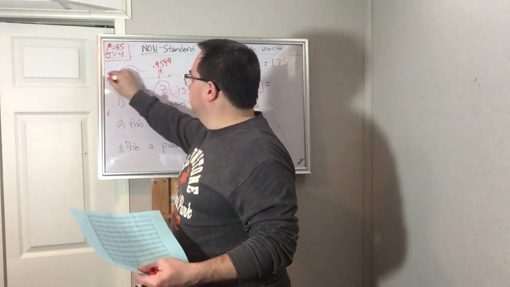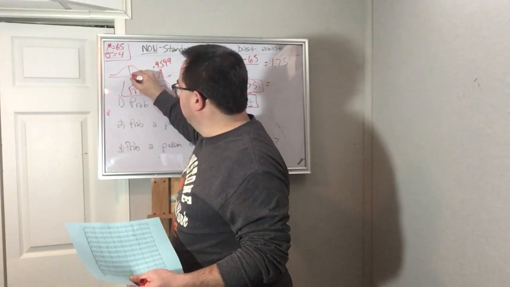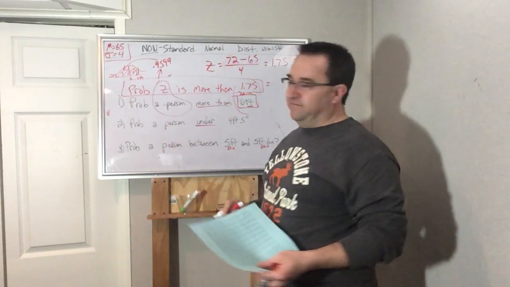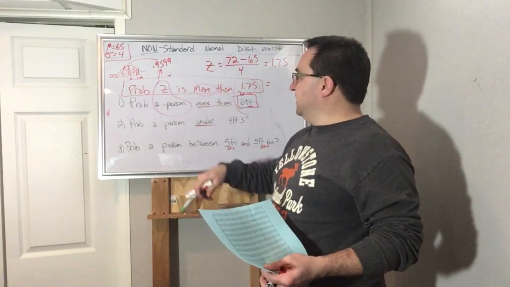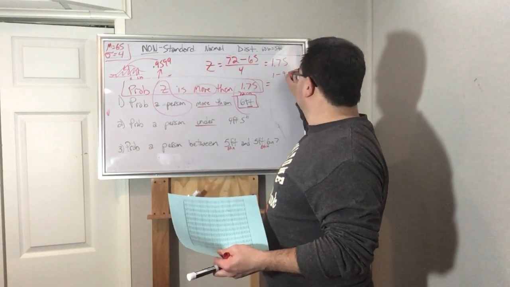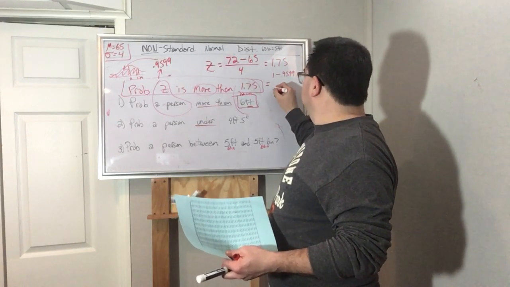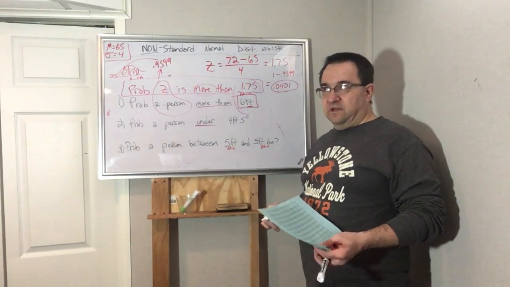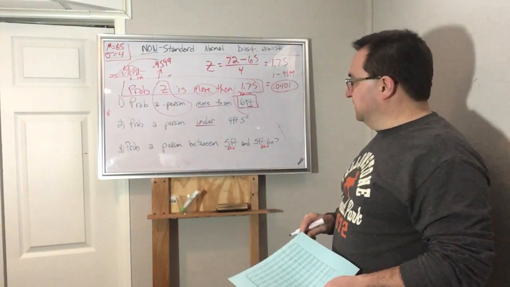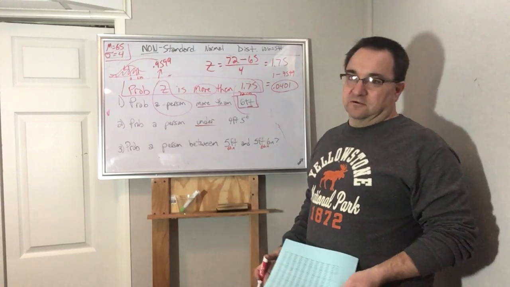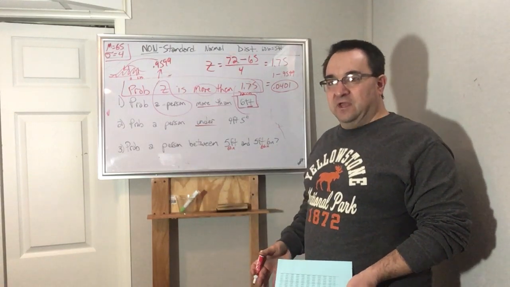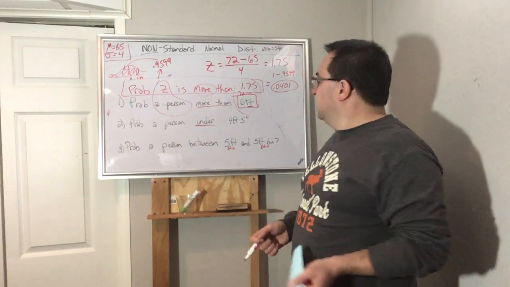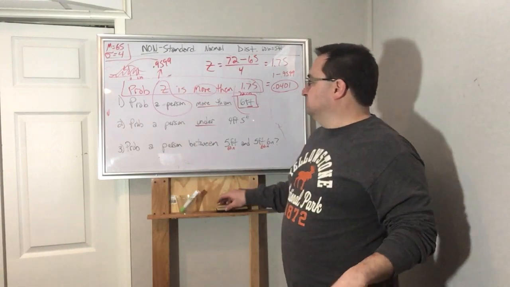When I do this 1.75, that's the left-hand side, and this wants more than, so it's actually 1 minus 0.9599, which would be 0.0401. And I think that was what we had before, 4%. So it's harder. That's why everybody wants to use a calculator. This is a part of the class where I kind of warned you, you're going to want a graphing calculator.